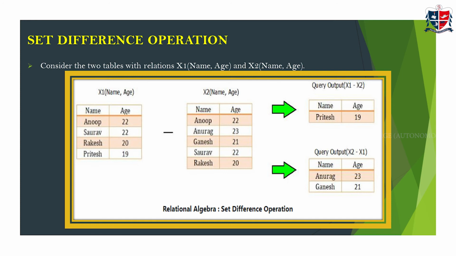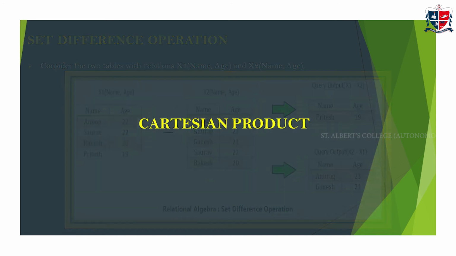That data will be retrieved. The second is x2 minus x1, meaning the data present in x2 and not present in x1. Here we have two data, Anurag and Ganesh, which will be retrieved. To retrieve data like this, we use the set difference operation.